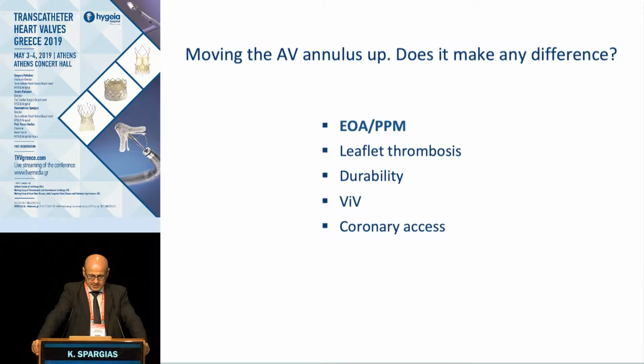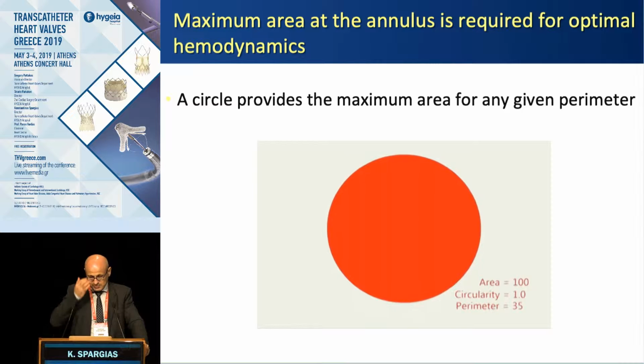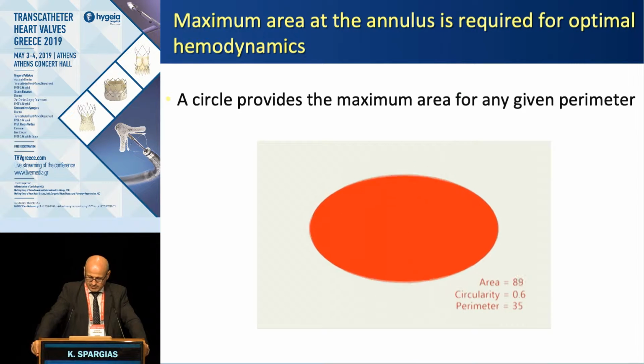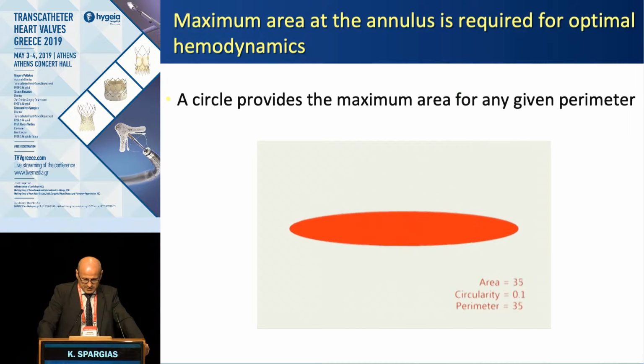Some sections that you can put some thought in are these: the effective orifice area and patient prosthesis mismatch, if there is any effect of the design on this factor, leaflet thrombosis, if there is any difference, the durability of the valves, future valve requirements, and coronary access. So with these two designs, we have to think if it makes any difference.